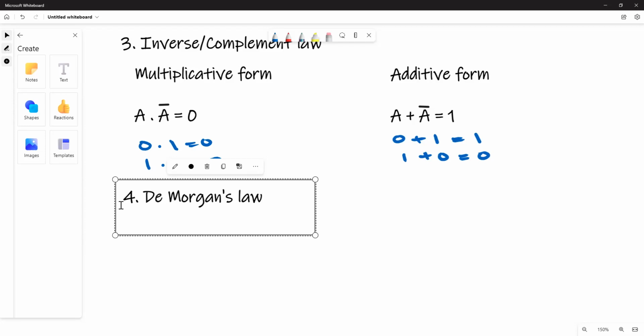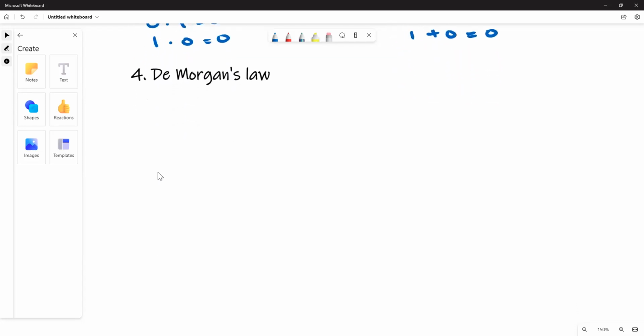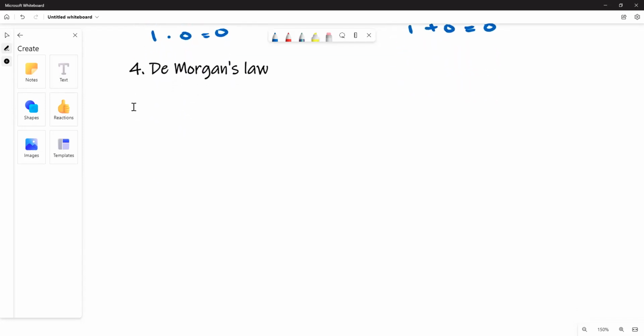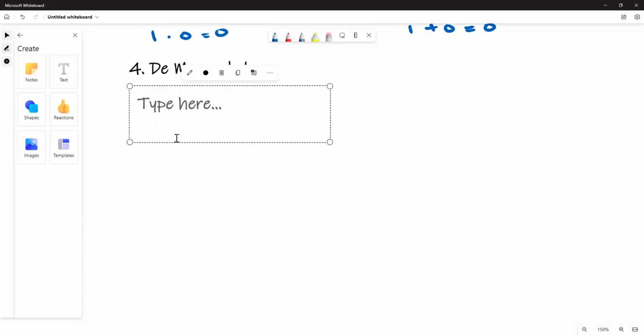There are two forms of De Morgan's law, right? Like in the previous case. The first one we have is the multiplicative form.